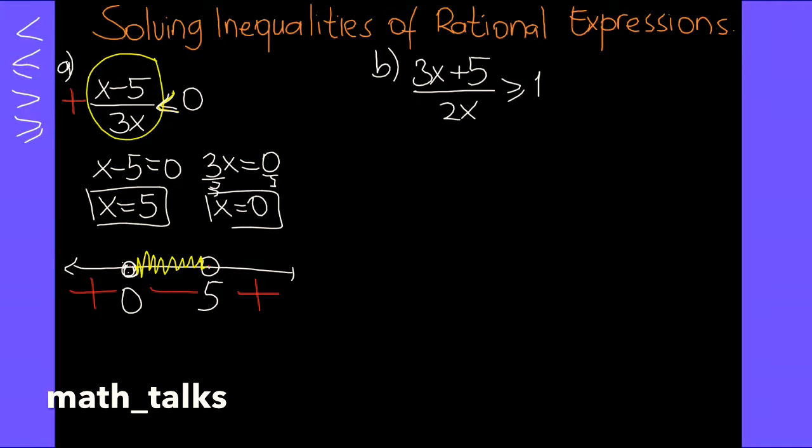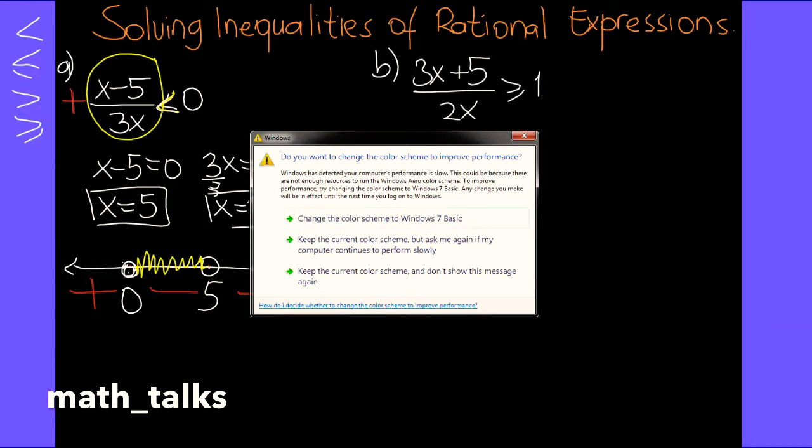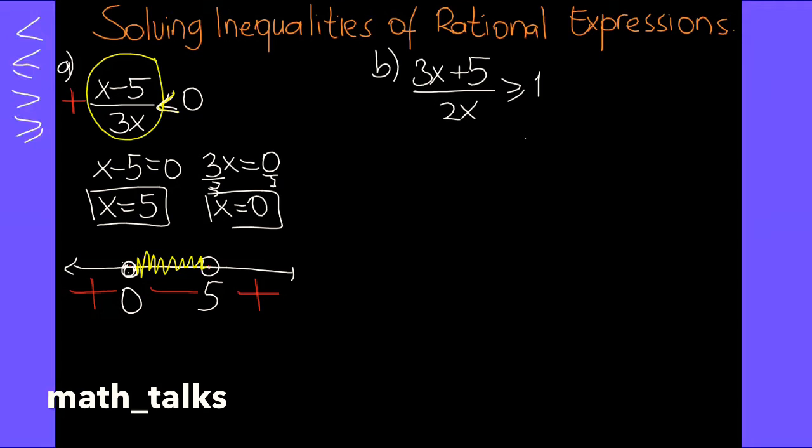But when you substitute any number between 0 and 5, you get a negative number, and negative numbers are always smaller than 0. So the solution is from 0 to 5, and both brackets will be open.